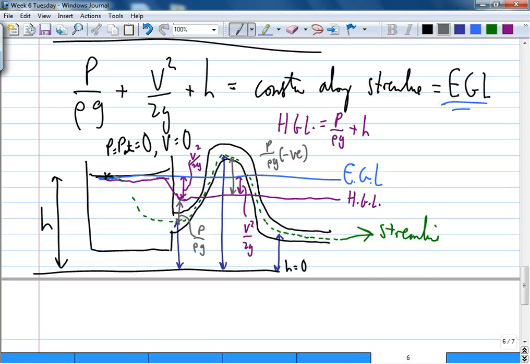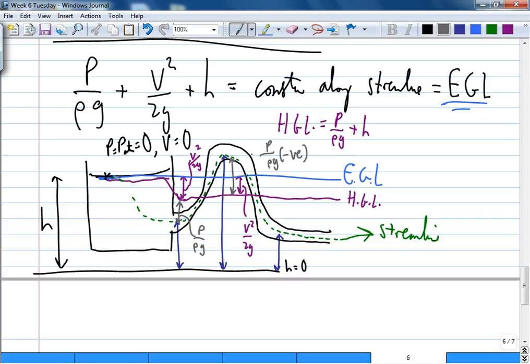I repeat again. We start from here. We have H, we have P over rho G, we have V squared over 2G. Okay or not? They add up together to your EGL. Here, we have H, we have P over rho G which must be negative, and then V squared over 2G back to the EGL. Okay?